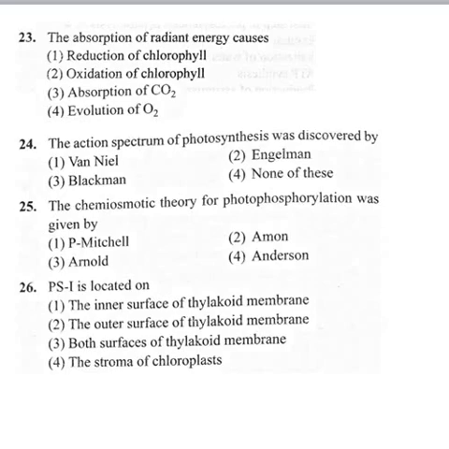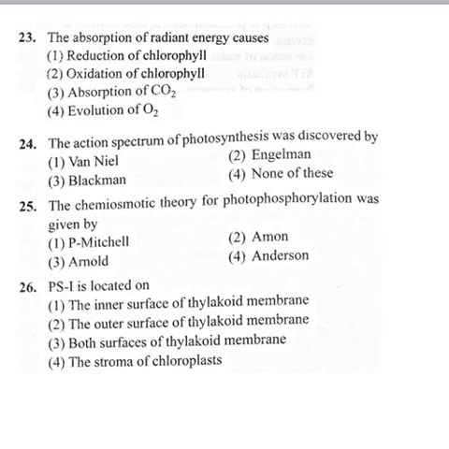Now coming to the 26th question. PS1 is located on option 1 inner surface of thylakoid membrane, option 2 outer surface of thylakoid membrane, option 3 both surfaces of thylakoid membrane, option 4 stroma of chloroplast. So you know that the light reactions usually take place in the thylakoid membrane, that is stroma lamella and thylakoid membrane, stroma thylakoid.